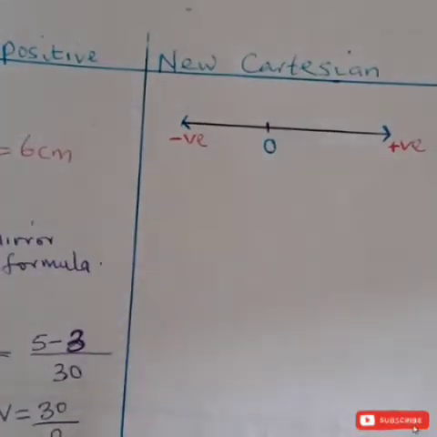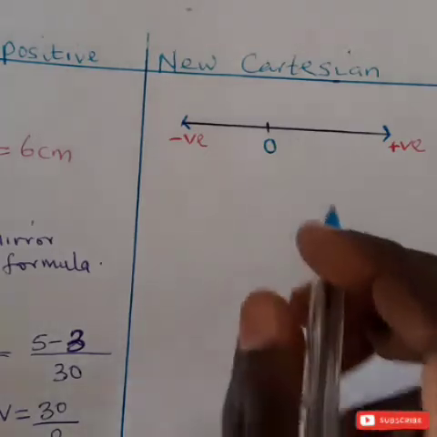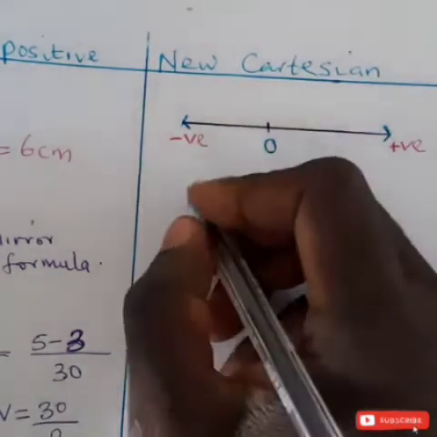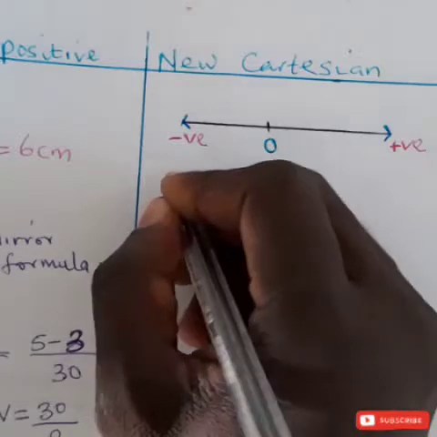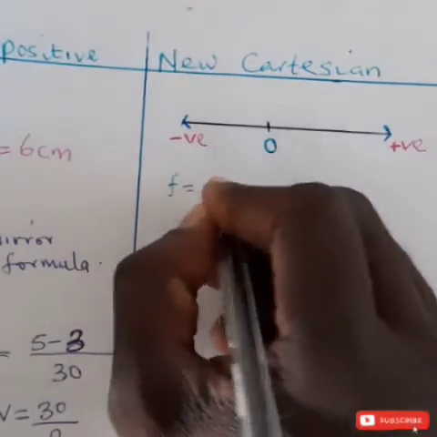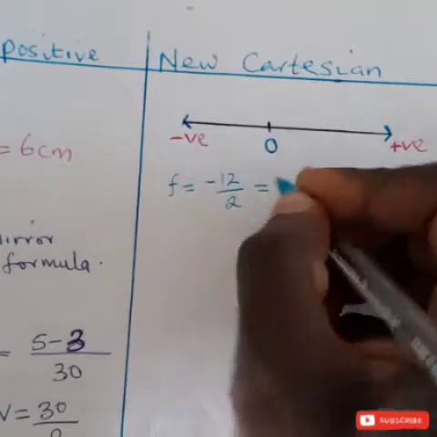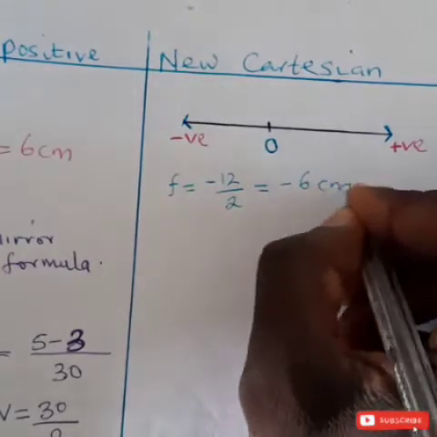Now this is a concave mirror. For a concave mirror, remember we said that the principal focus using the new Cartesian rule is negative. So it means that my f is going to be equal to minus 12 divided by 2, which is going to be minus 6 cm.